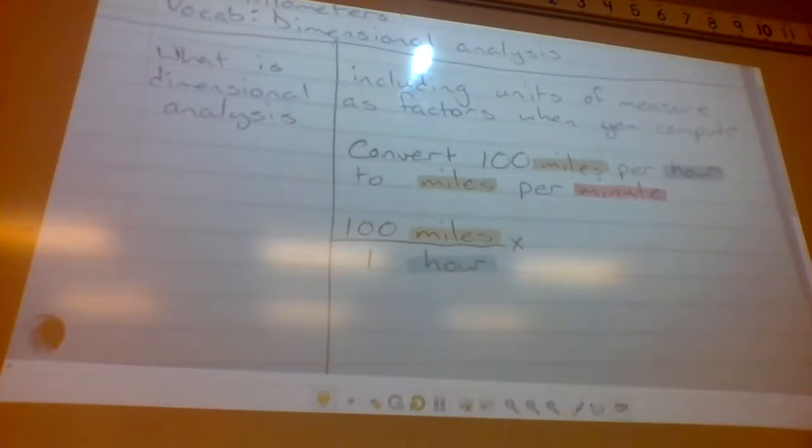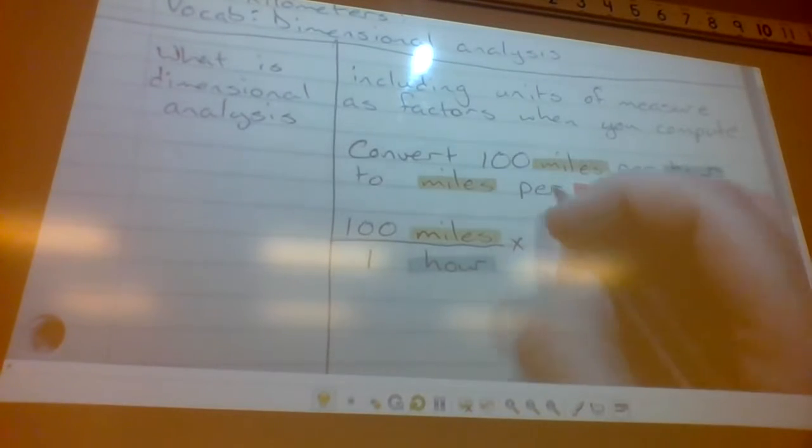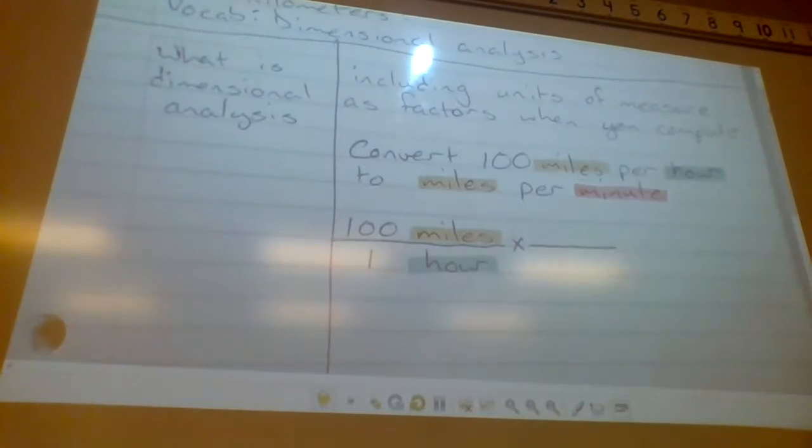Since only one label has changed, I only need one fraction right here, and it's going to equal, well, actually, it's not a fraction, I should call it a rate, equals another rate. Now, here's why I'm doing this. Which one changed? The hours. So our miles gets to stay the same at the very end.